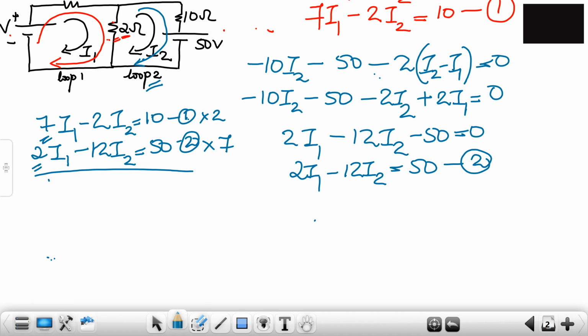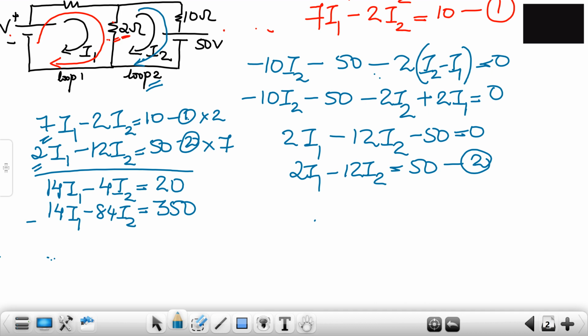So what do you get? 14I1 minus 4I2 is equal to 20. Next, what we get is 14I1 minus 84I2 is equal to 350. Changing the signs, what do we get?